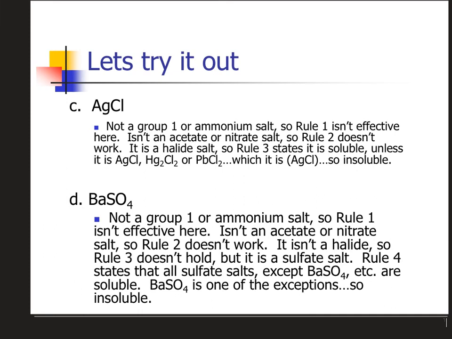Letter C, we see silver chloride. Well, silver's not a group 1 or ammonium salt, so that rule doesn't apply. Oh wait a second, chloride is not an acetate or a nitrate, so that doesn't matter either. But the rule says that all group 7 or 17 halides are considered to be soluble, except for the fact that silver is an exception to the rule, meaning that this compound is insoluble.